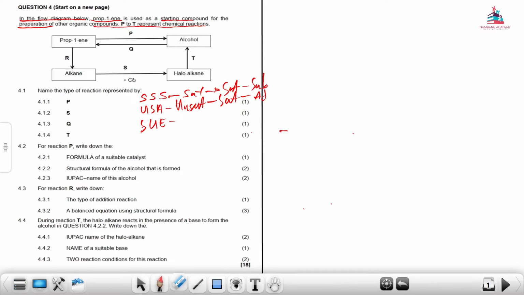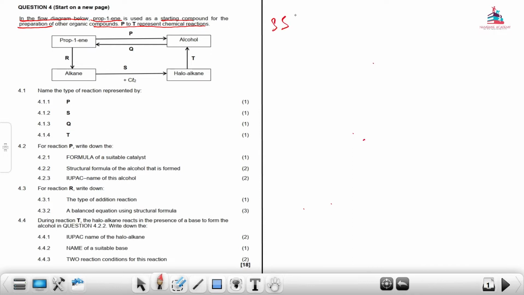Maybe for better clarity, I must just write everything on my clean page here. So it's triple S, single and seriously searching, for saturated to saturated. That must be substitution reaction. It's USA, then it means now unsaturated to saturated.